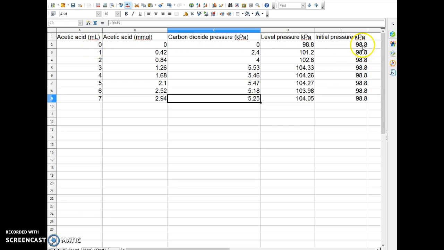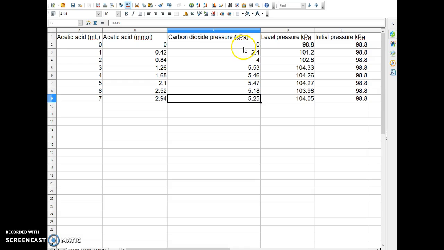And I've put this average initial pressure, atmospheric pressure, in a column here. And I've put each of the level pressures that I recorded from the 7 traces here. So you'll remember about 101.2 for that first, and then I've got 102.8 and so forth.